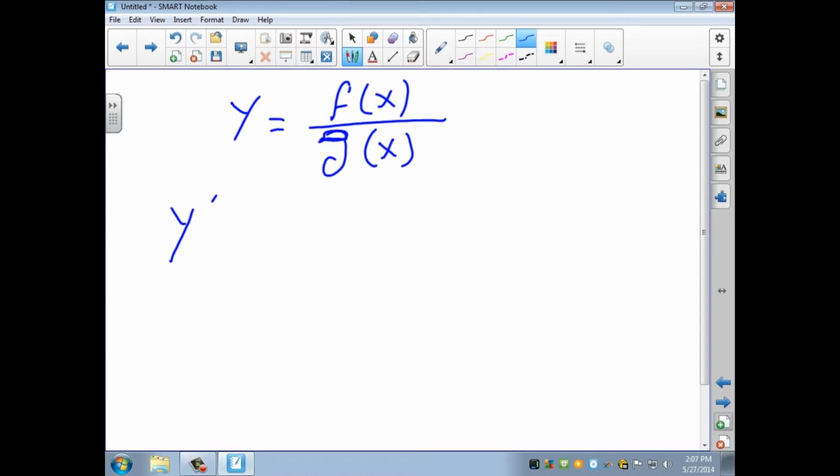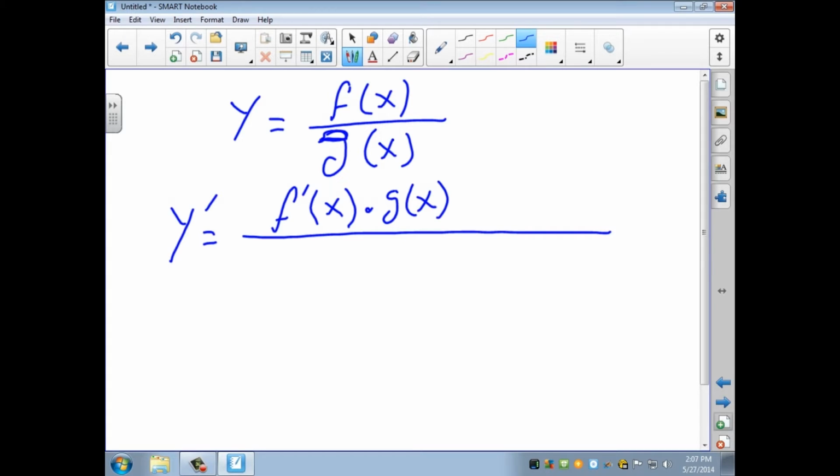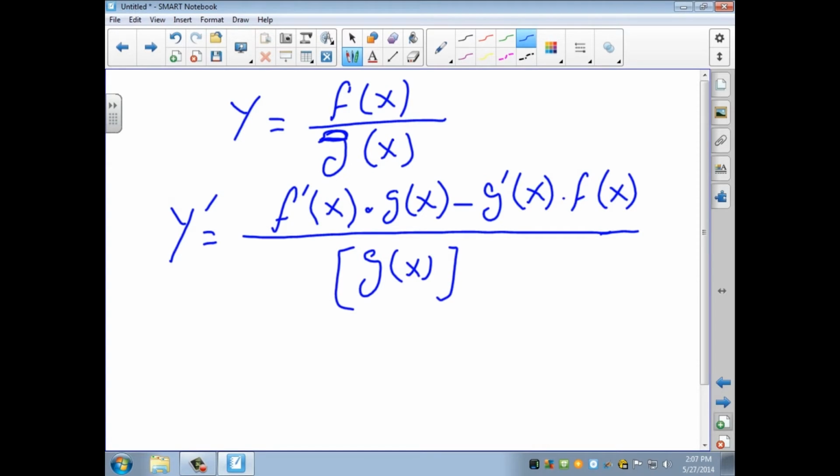Then y prime would be equal to, long division line, f prime of x, that's the derivative of the numerator, multiplied by g of x, the denominator, minus g prime of x, that's the derivative of the denominator, multiplied by f of x, the numerator as it is, divided by g of x squared. Okay?